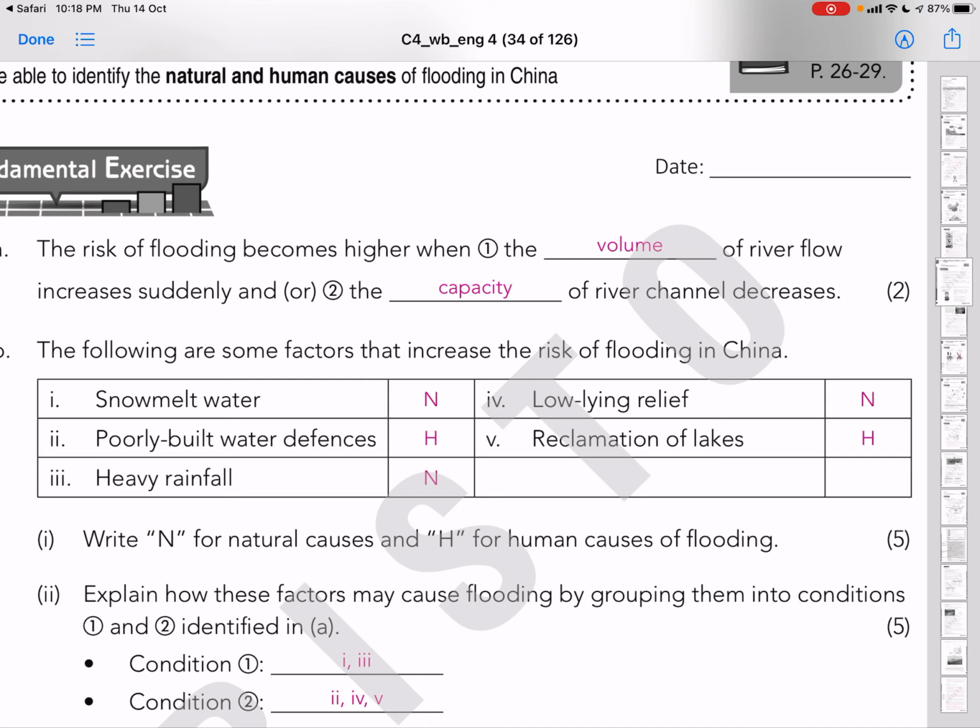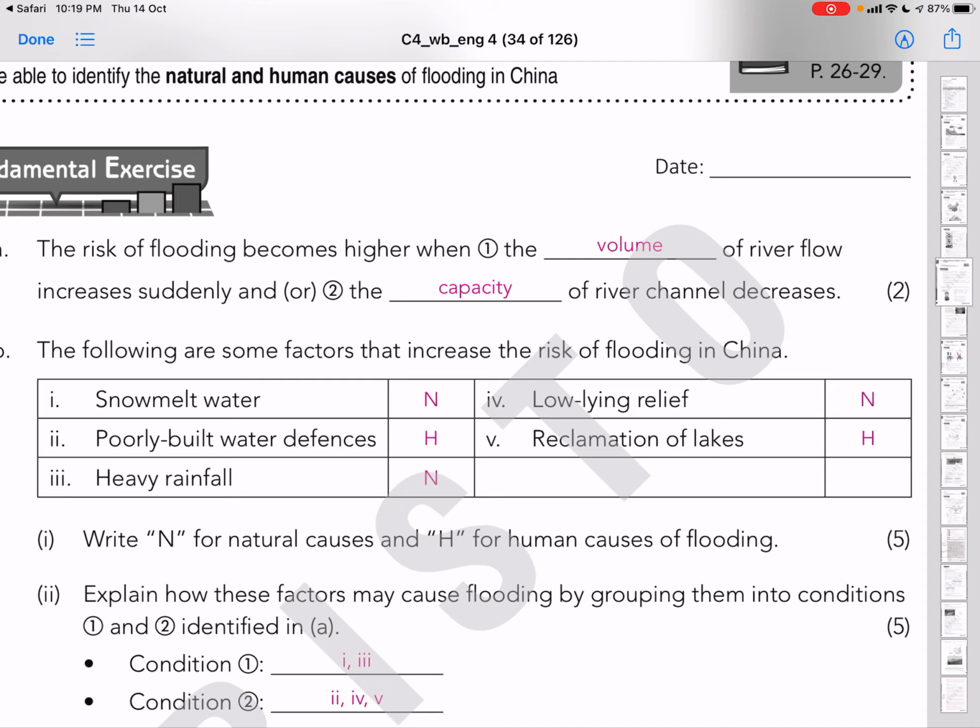And then poorly built water defense. This is a human situation. For example, the dam or the dike lacks maintenance, and then it is going to be flooded or broken during high discharge. The storm surge going into the river and heavy rainfall are also causes of flooding.